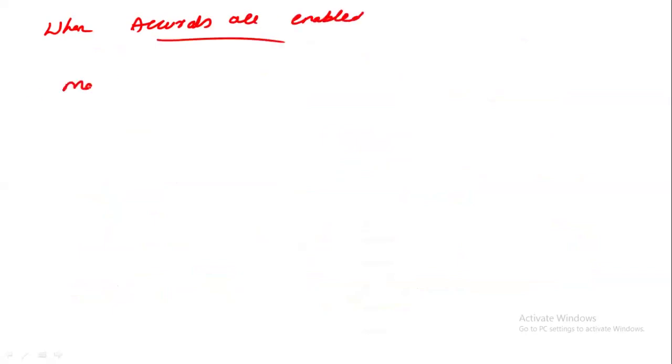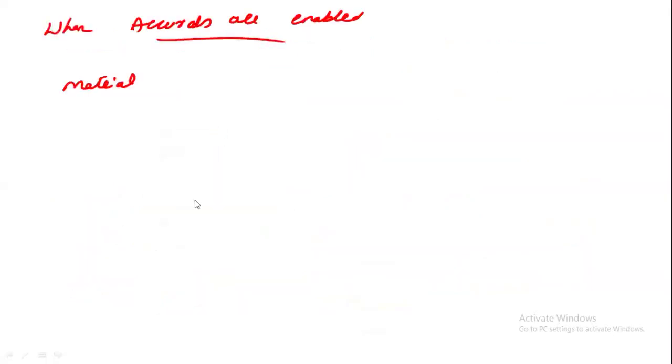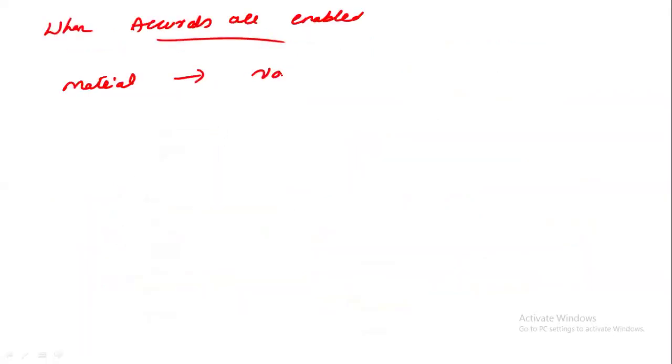In this case, again, same example, you have a material. Let me replicate the same thing. The valuation class of this material is 3000. For this, you will have two GL accounts.